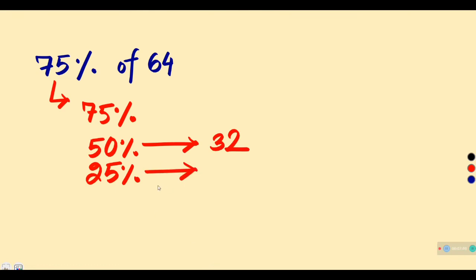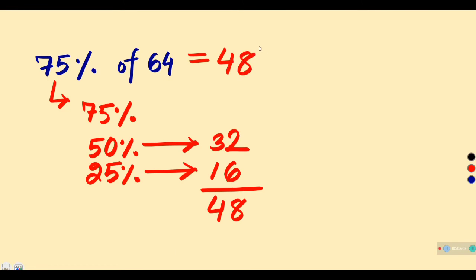And what is 25%? 25% can be obtained by dividing this 50% by 2. Also we will need to divide it by 2. So we will have 16. 50% is 32, 25% is 16, and add both of them to get 75%, 48. So this will be 48.